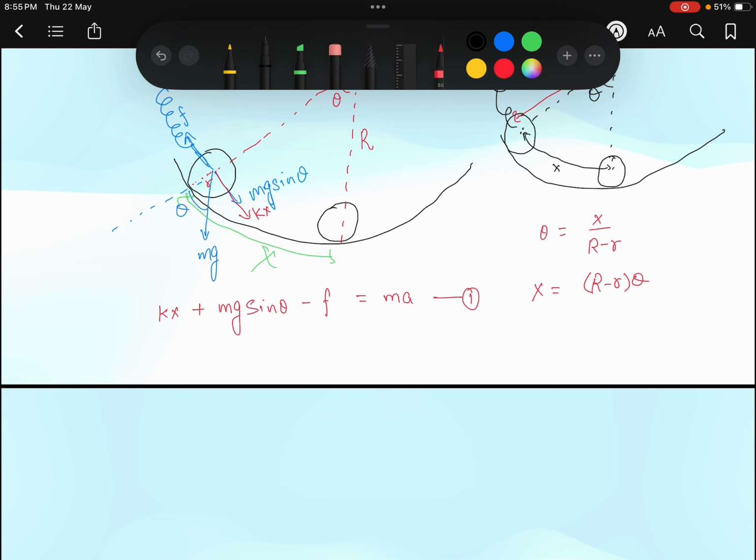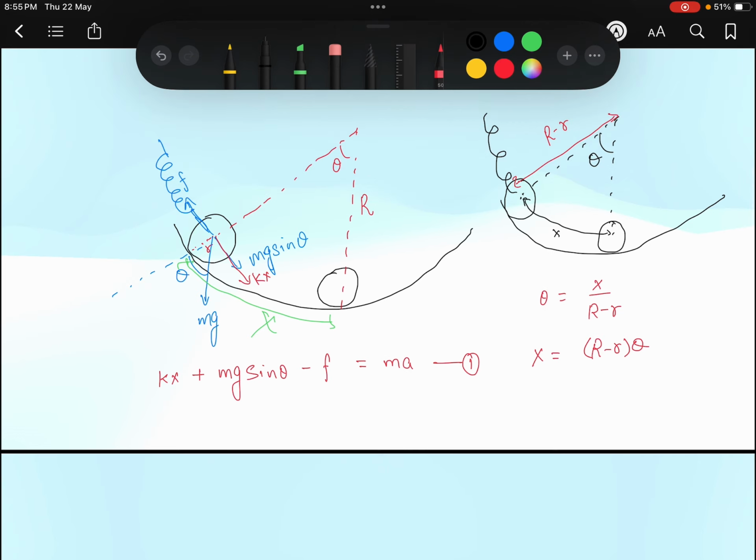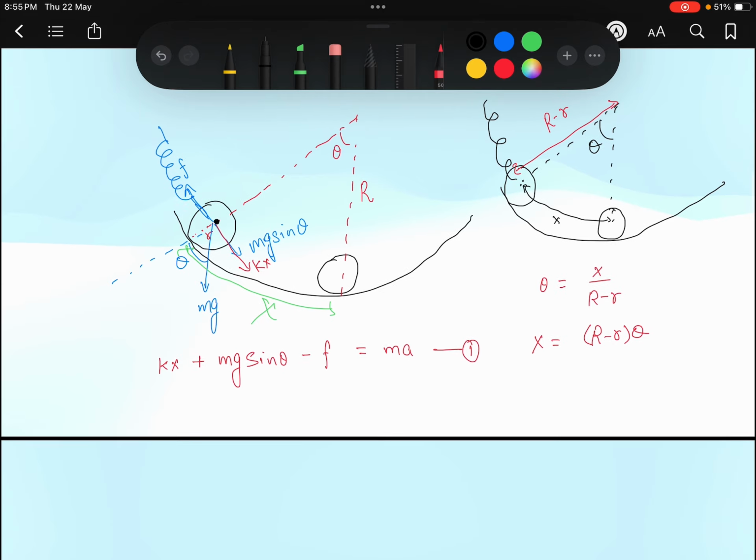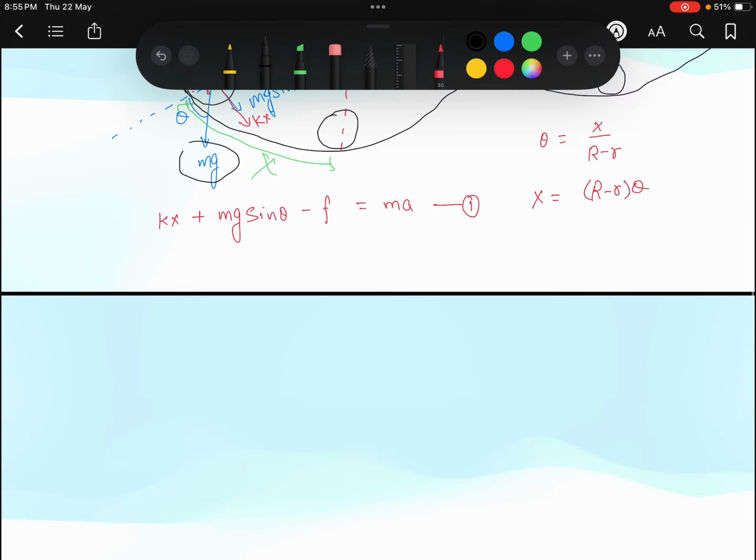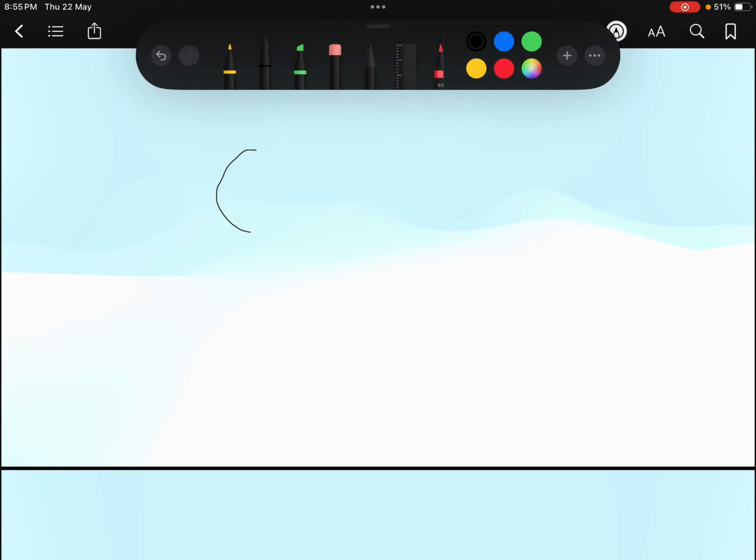So we will write one more equation, that is the rotational equation of motion, and we will write this rotational equation of motion about the center of the disk. You can see the mg force will not be providing any torque here, and friction force will be acting in this direction. If I draw the diagram, this is the disk of radius small r, right?